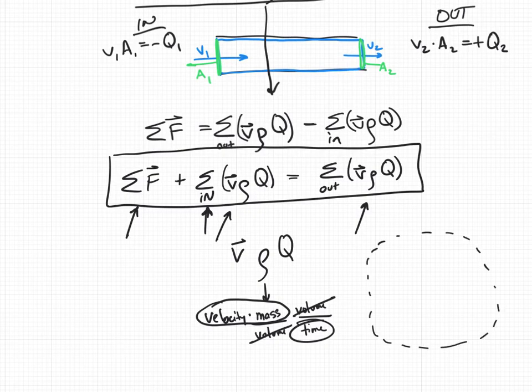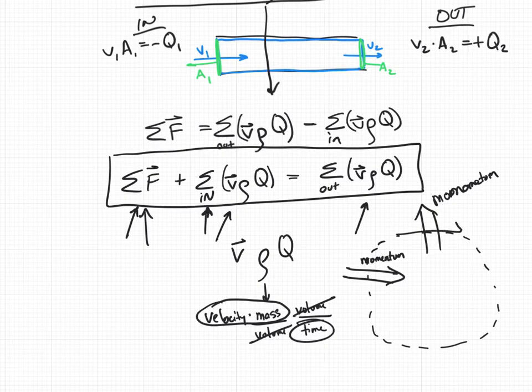The momentum in here can change in a few ways. One way is that momentum can flow in. Another is that momentum can flow out, so something could be moving out this way and taking momentum with it. The last thing is that there could be forces on that container. If this were a lake, there might be wind acting over the top.